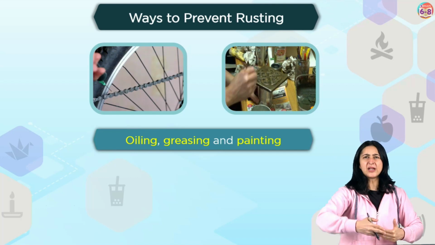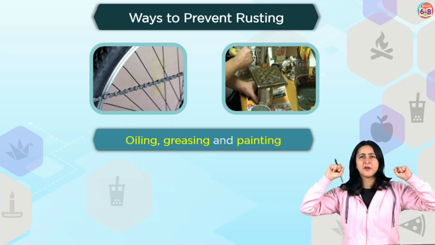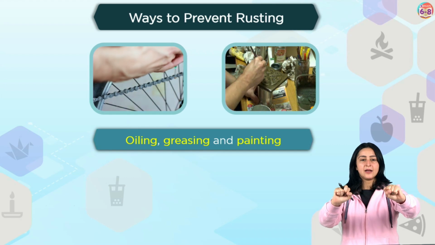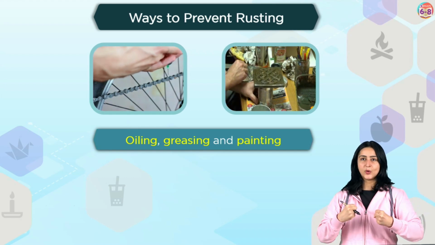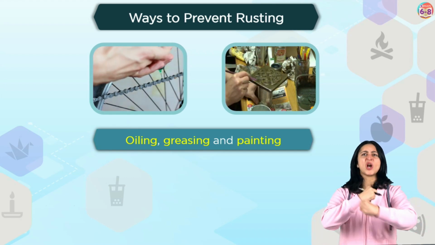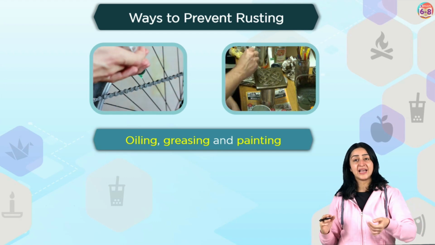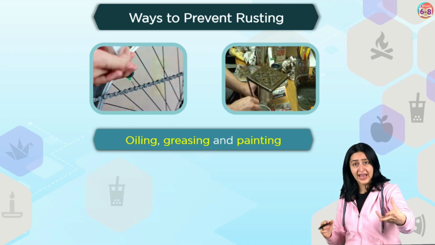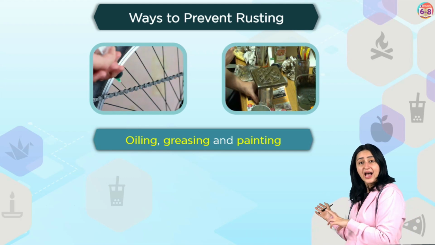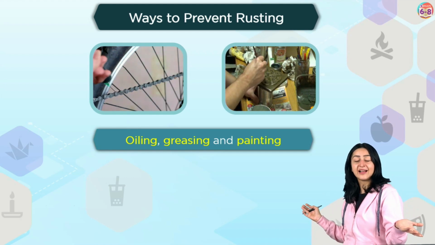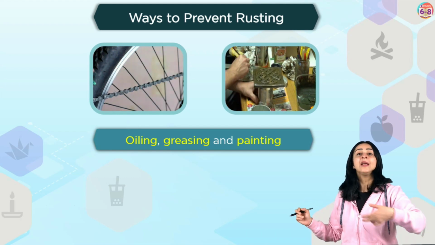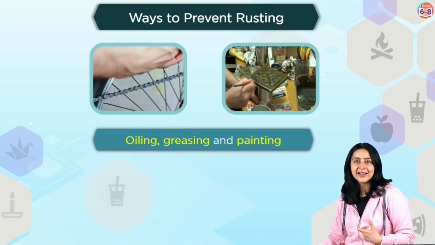We build a kind of wall or barricade, like an armor plate, a Suraksha Kavach. You're creating a barrier between the damp air and the iron. How can you create that barricade?